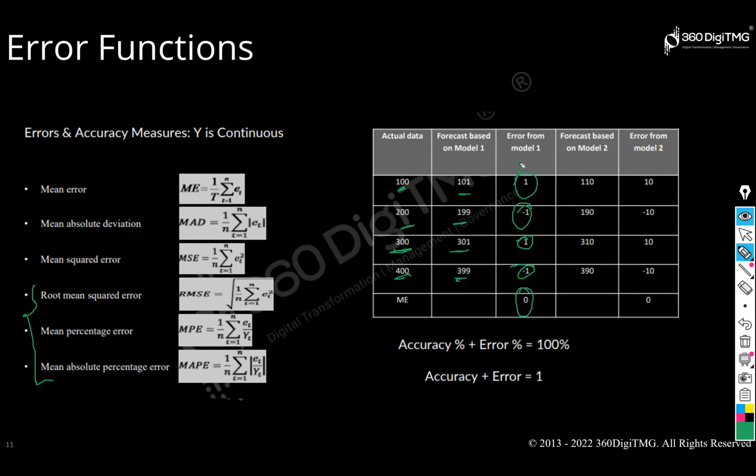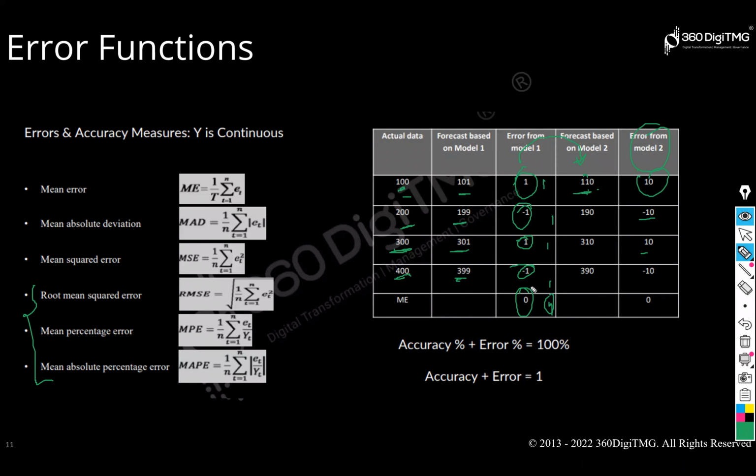For this reason, statisticians took the square of the values. For the second model, they just squared it. So now, see, this is what the square made. The difference is 10, minus 10, 10, minus 10. If the square is there, you get 1, 1, 1, 1. The error is 4. There is some error.